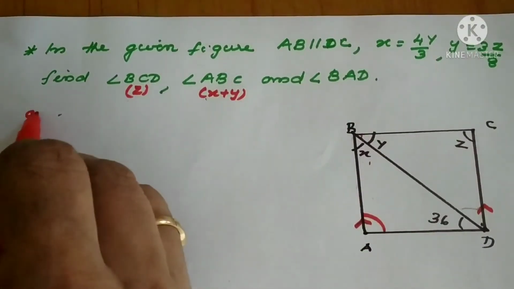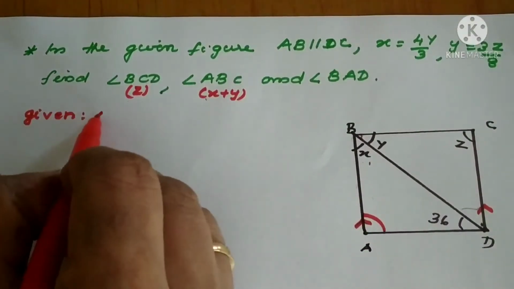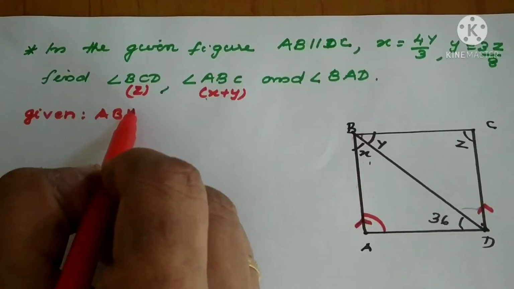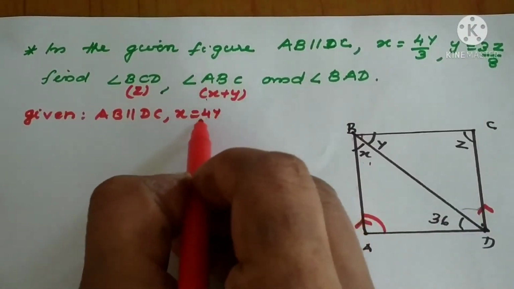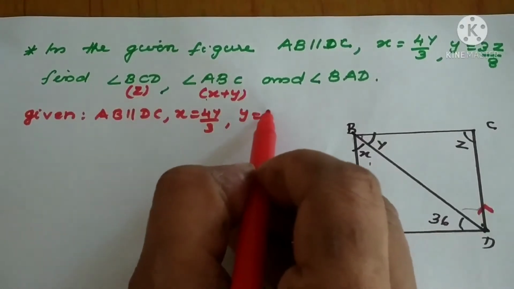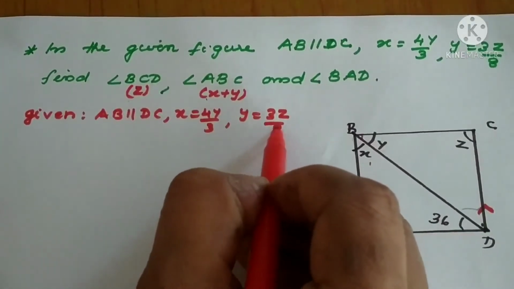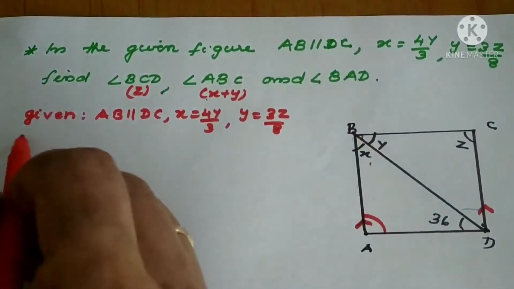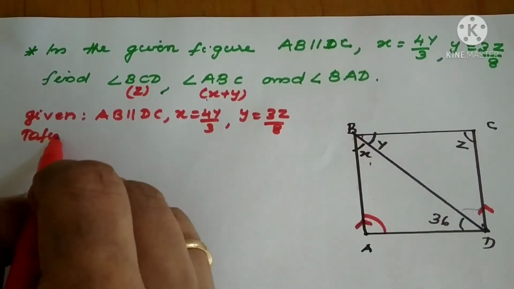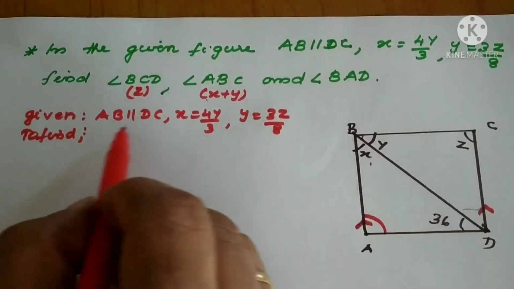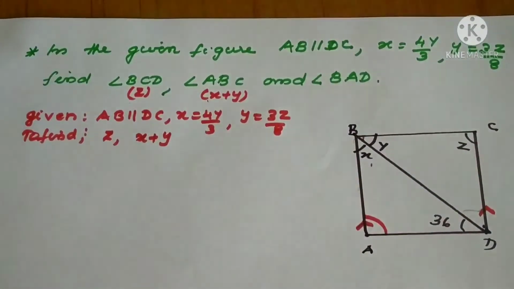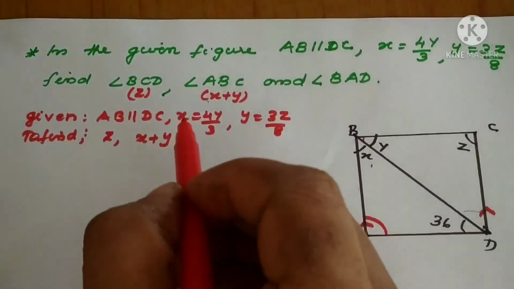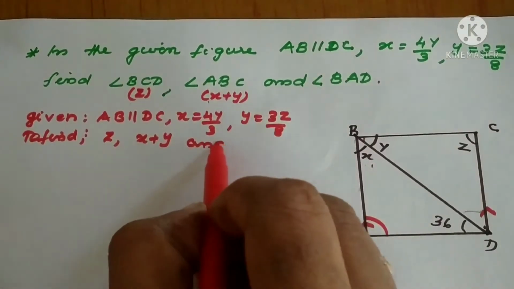So what is given in the question? AB parallel to CD, X equals 4y by 3 and Y equals 3z by 8. Now what is the next step? To find all the angles, in short I can write Z, X plus Y, and angle BAD.